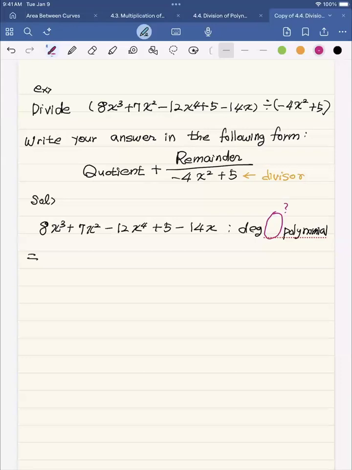Let's determine the degree of the polynomial. The highest degree term is this term, not the first term. So this is a degree 4 polynomial.